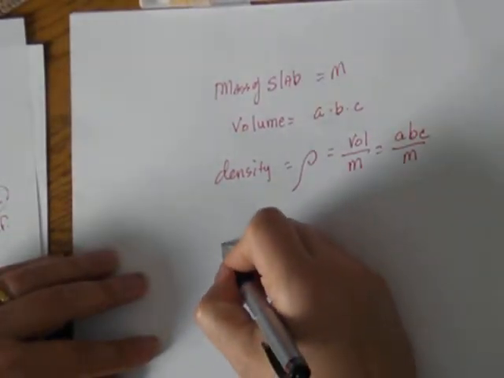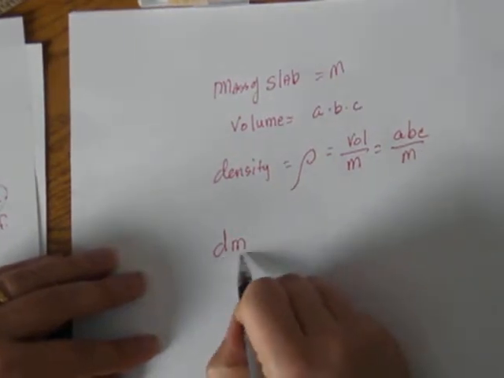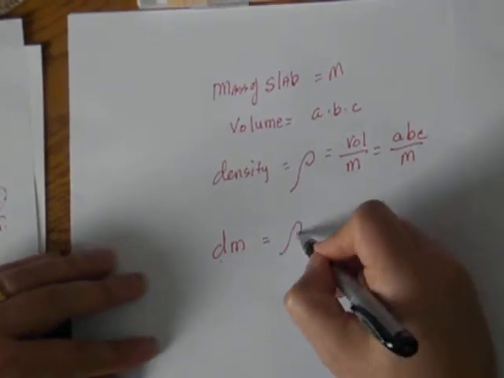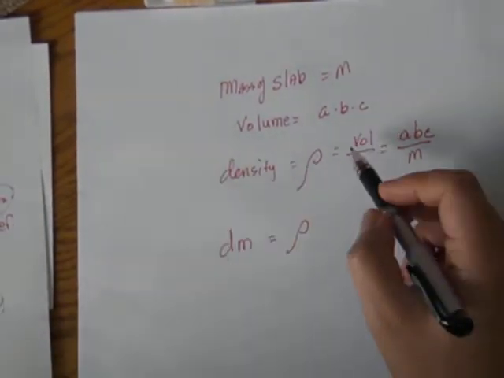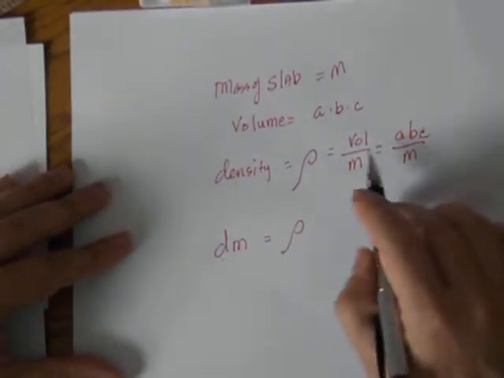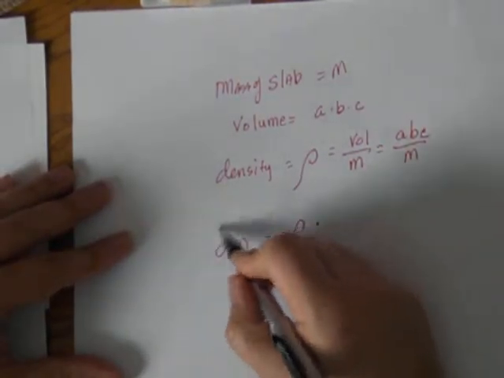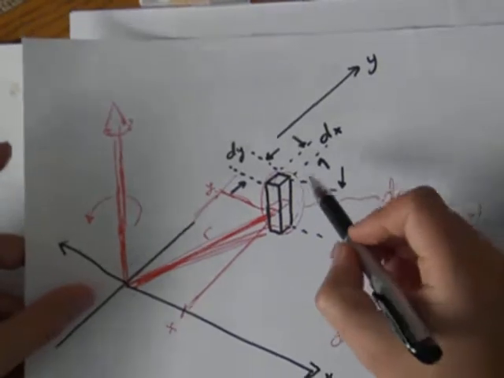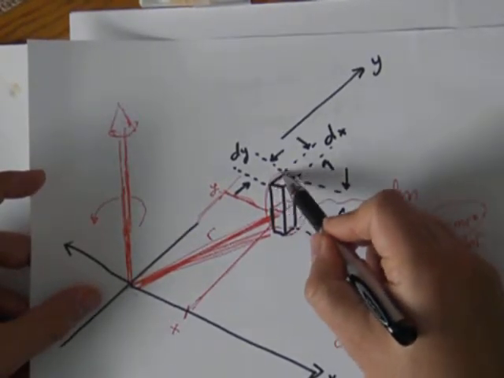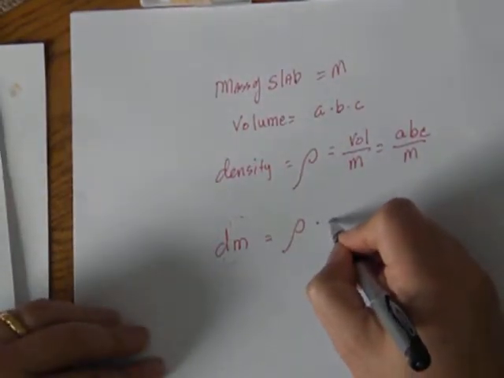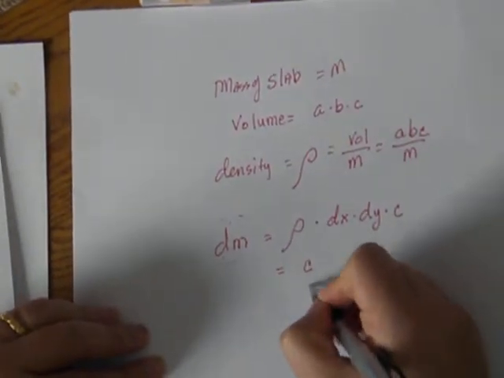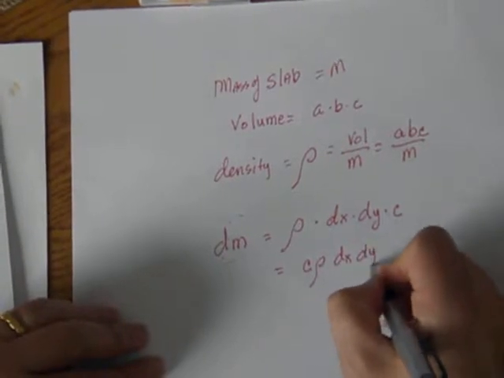So that means that our small infinitesimal mass is going to be equal to the density, rho, which is defined up here, and we assume it's constant throughout the slab, times the volume of our infinitesimal mass. If we look at the volume, it's going to be its width, dx, length, dy, times the thickness, c. So that's just dx times dy times c, or we can rewrite that as c rho dx dy.